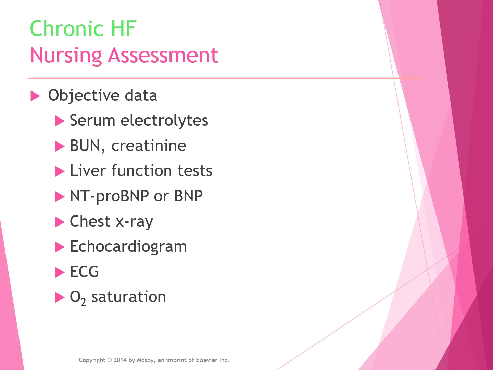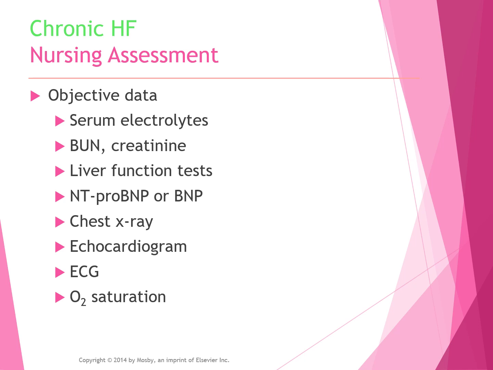Chest x-ray, we would be able to see if there's any cardiomegaly, any pulmonary congestion, or pulmonary edema. Our echoes to gather our EF, or we might be able to see if there's any heart wall abnormalities, if there's hypokinesis. ECGs, and obviously our O2 saturations as well.